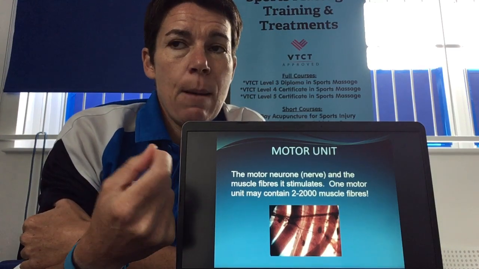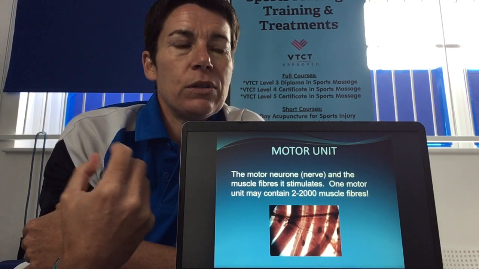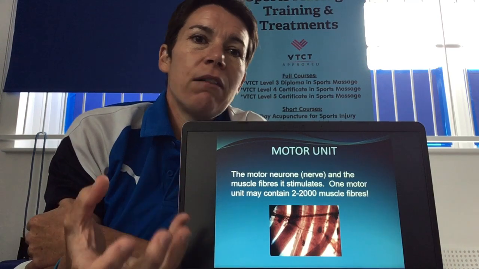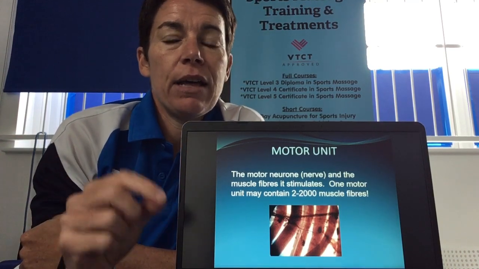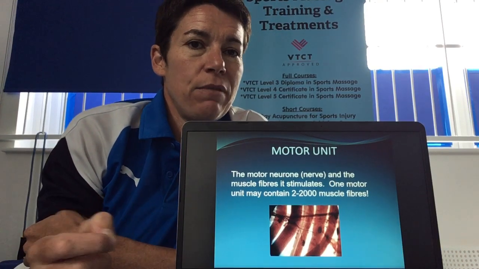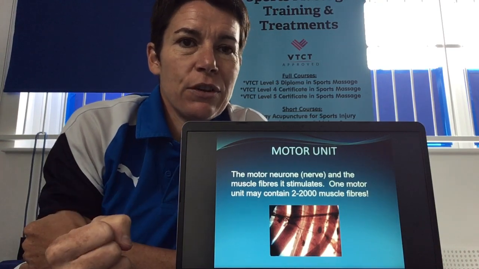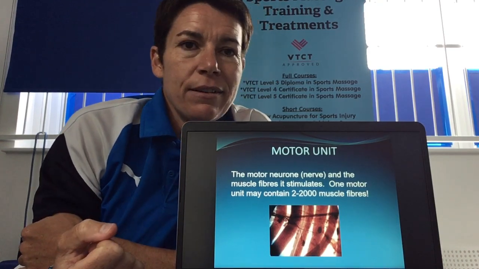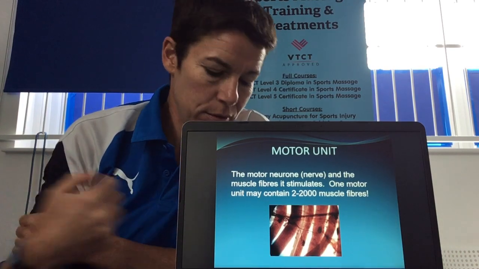What defines how much strength we have, or the different kinds of activities we can do, is how many muscle fibres are contracted at once. If 1 million skeletal fibres are contracted, it's going to be a really, really strong action. If 3 skeletal fibres are contracted, there won't be much at all.